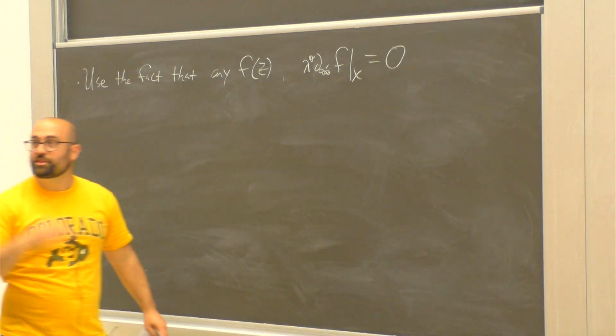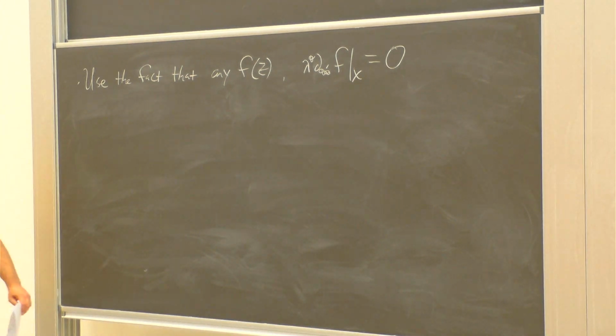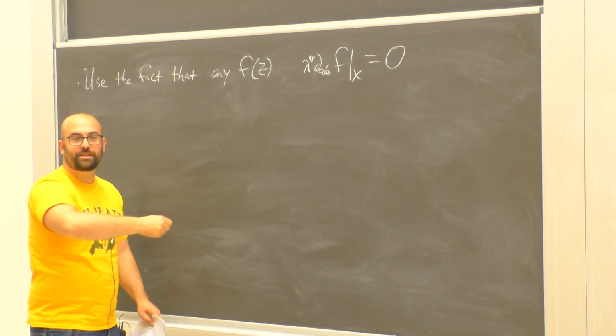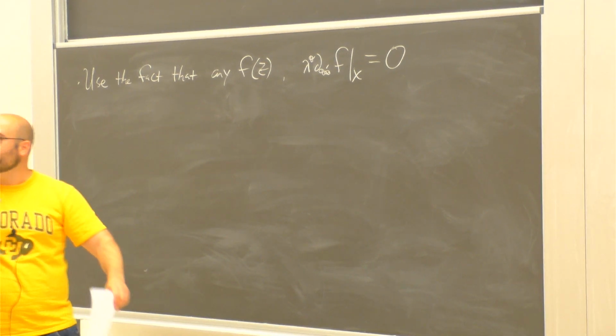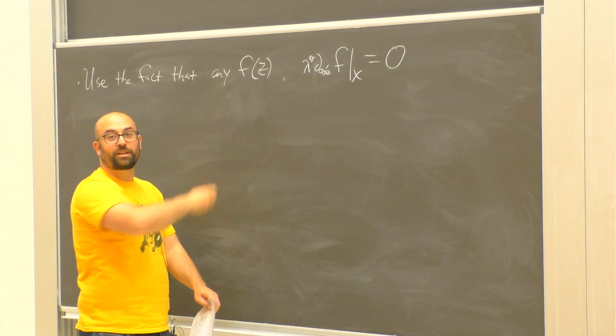So why is that? It's just a consequence of the incidence relations. If something started out life living on Twistor space, and I pull it back to a Twistor line, that just means I impose the incidence relations on its arguments, right?